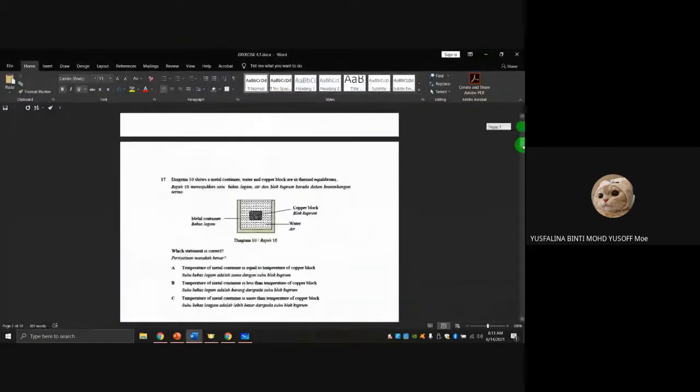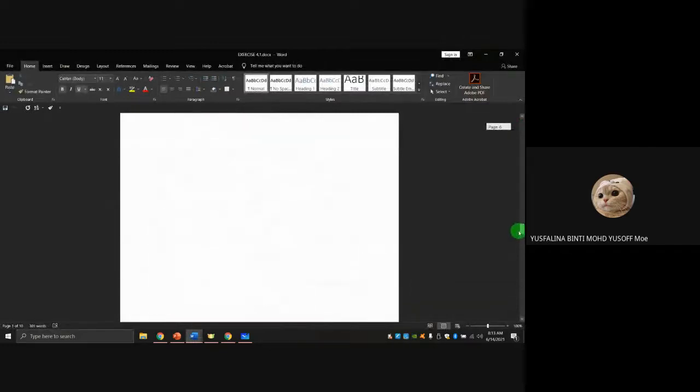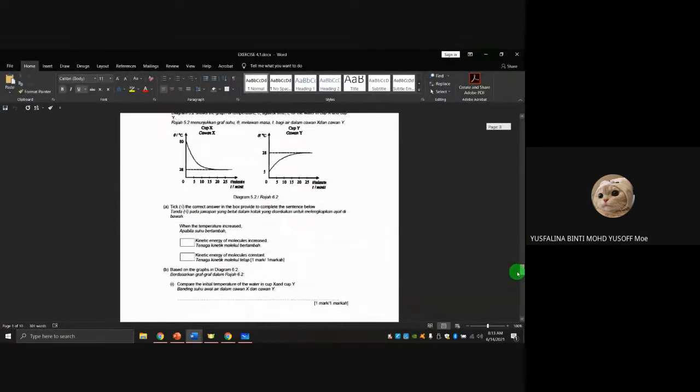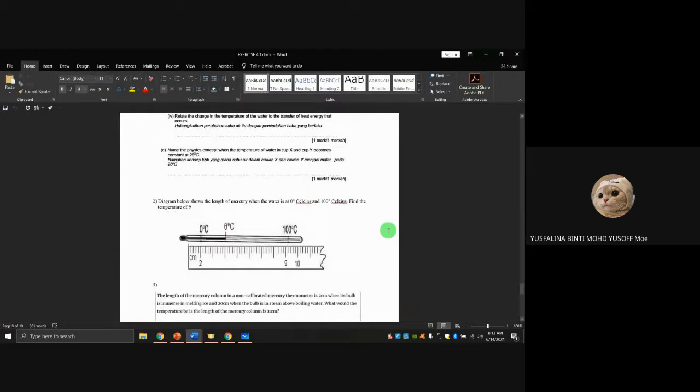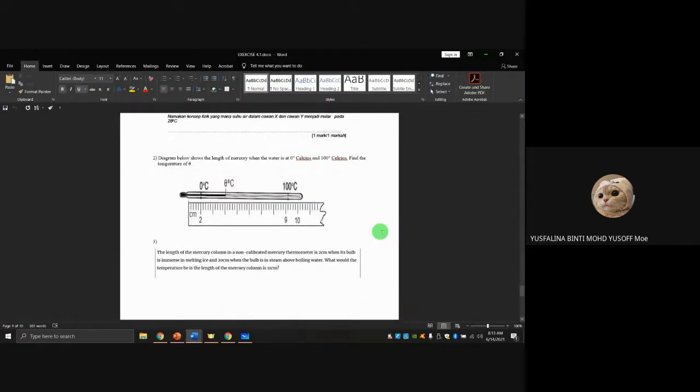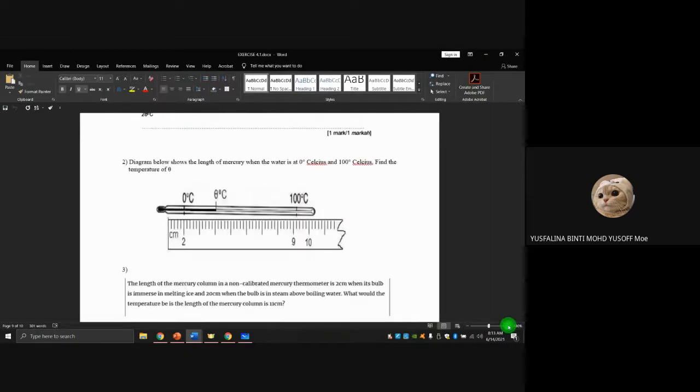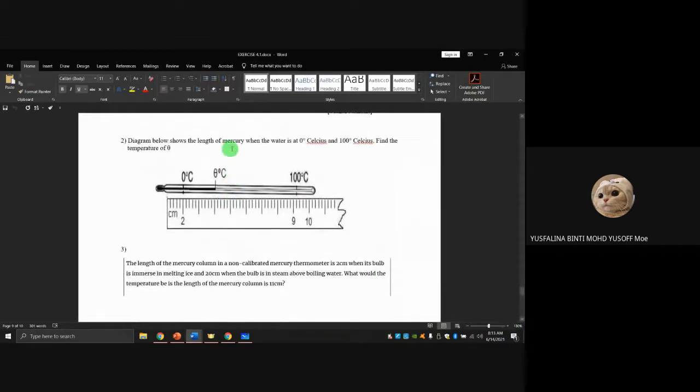Let's try to answer this question. I give you one example first of how to answer. Let's see question number 2. The diagram below shows the length of mercury when the water is at 0 degrees Celsius and 100 degrees Celsius.